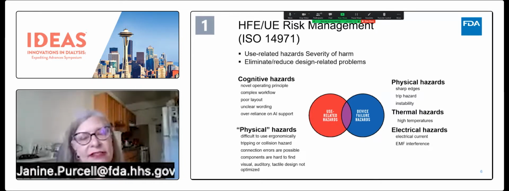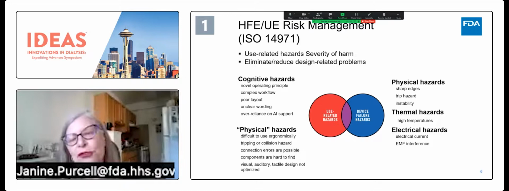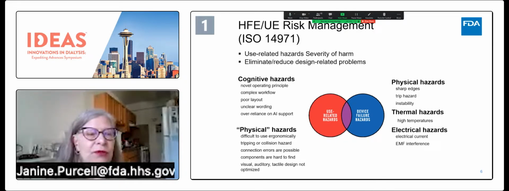In terms of dialysis devices, how you package your different accessories, how you label things and create the covers can sometimes be very helpful in helping people identify the accessories, how to put them together, and how to use them. And you also want to optimize visual, auditory, and tactile design to make it salient and easy to perceive, interpret, and take action on by the people that will use it.